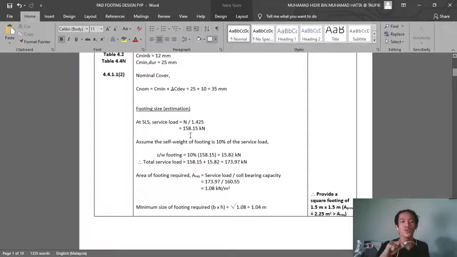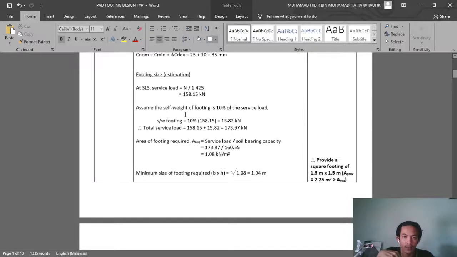We need to divide it by 1.425. What is 1.425? It is the factor of safety, the two factors of safety, 1.35 plus 1.5, divided by 2. We got this value, and then we got this SLS load.